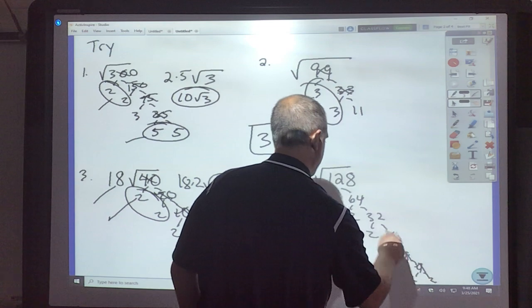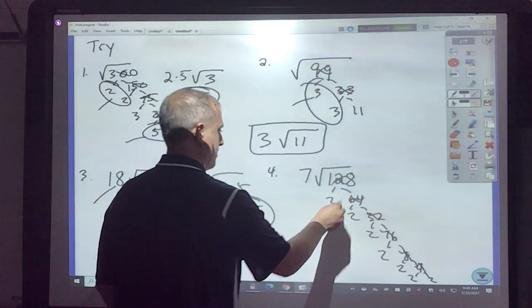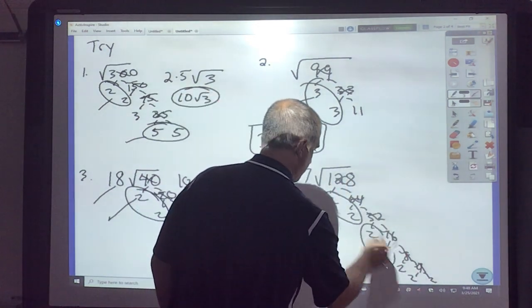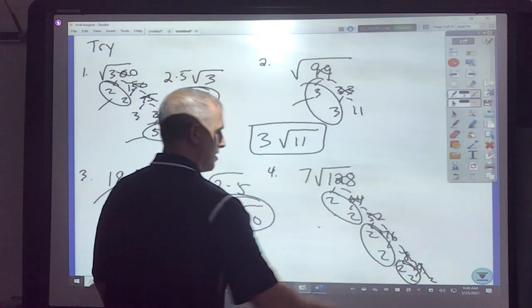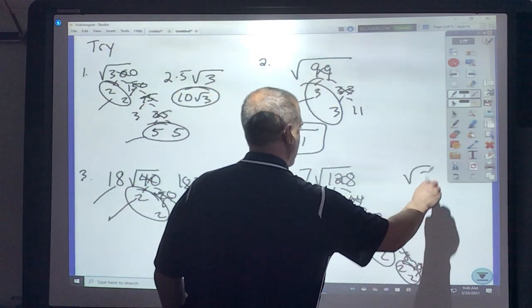So I cross off all the double branches. I'm looking for pairs. Pair of 2's, pair of 2's, pair of 2's. The only thing left over is that 1, 2 that's gonna go on the inside.